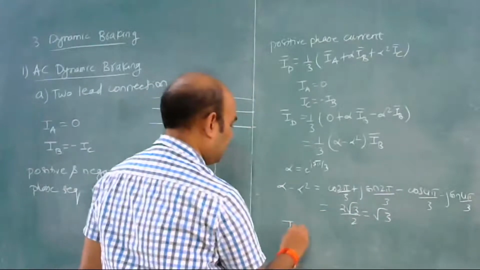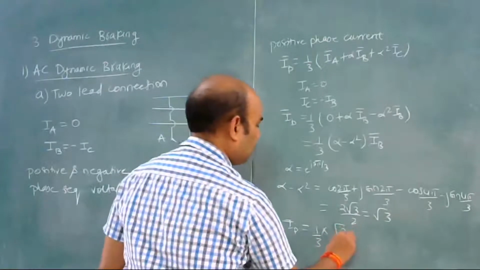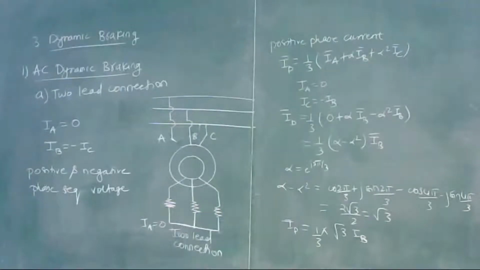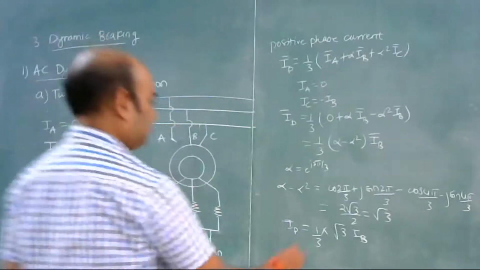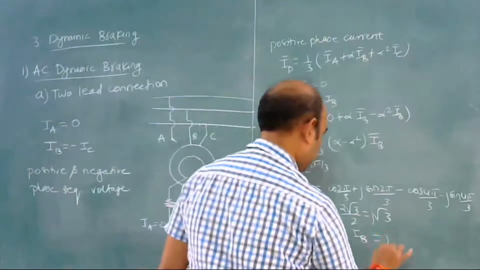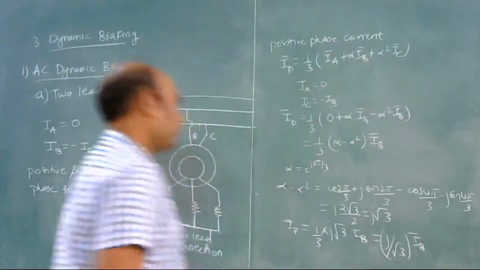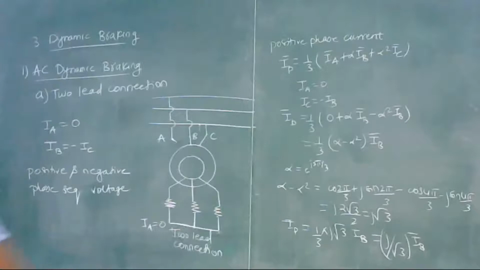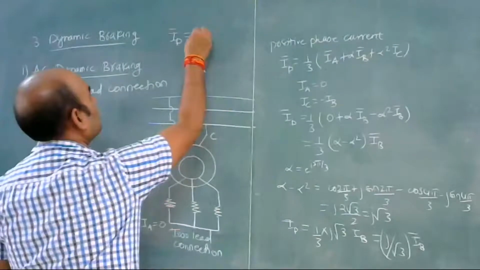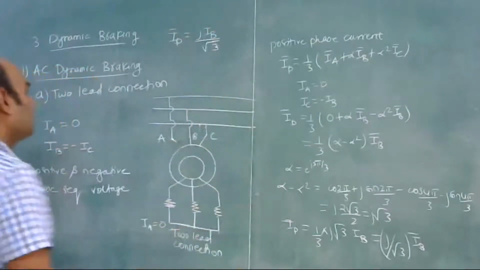So IP will be equal to 1 upon 3 into j root 3 into IB. This is equal to j by root 3 into IB. So the positive phase current IP is equal to j IB by root 3.